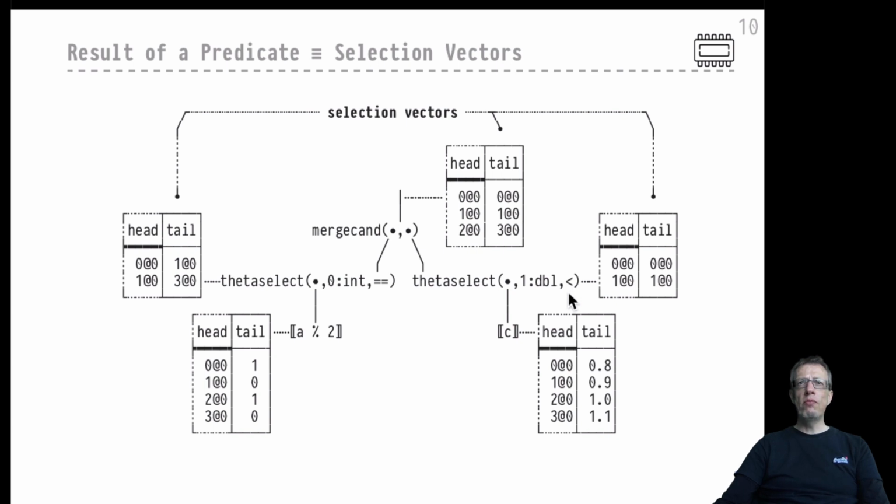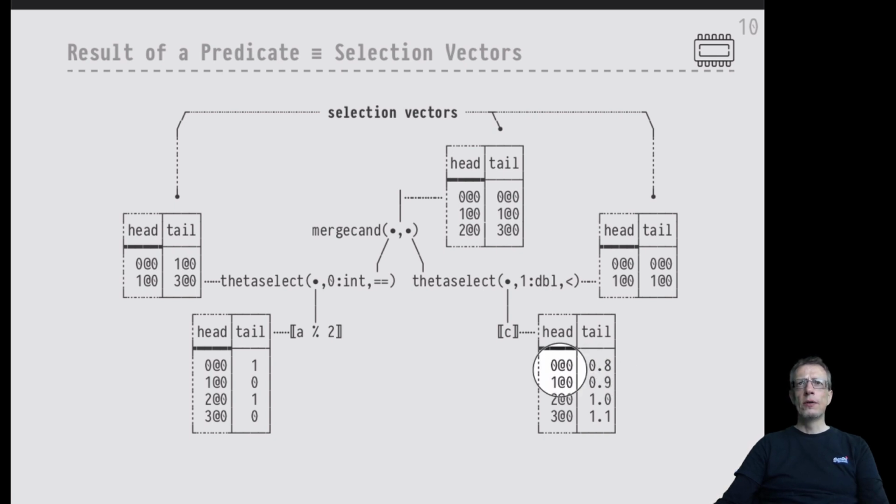All the tail values that are indeed less than 1 would qualify. And indeed, the outcome of this theta select again is a selection vector, a collection of OIDs, 0 and 1. These two OIDs qualify regarding the comparison with 1.